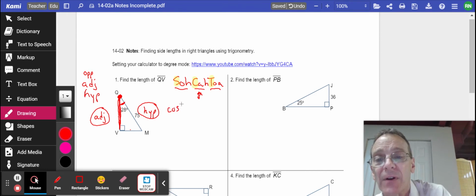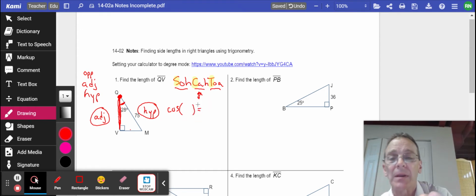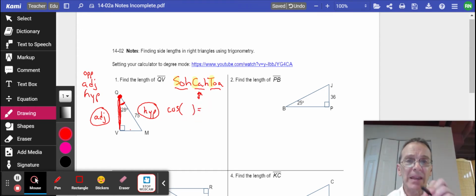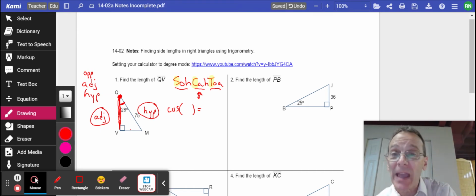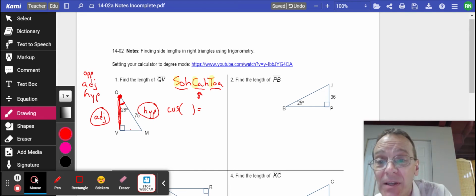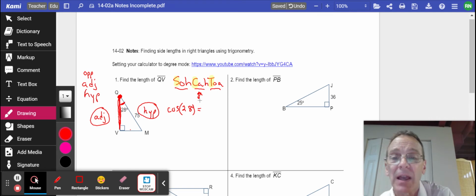Now, every trig function has an input. What is going to be the input in this equation? Remember, inputs to sine, cosine, and tangent are always acute angle measures. And the only acute angle measure we have in this problem is the 28 degrees. So that is your input to cosine.